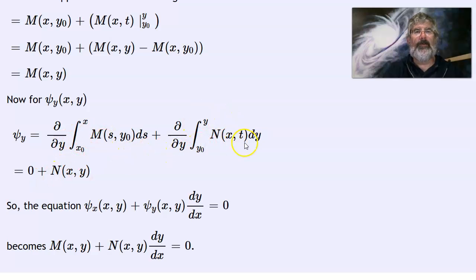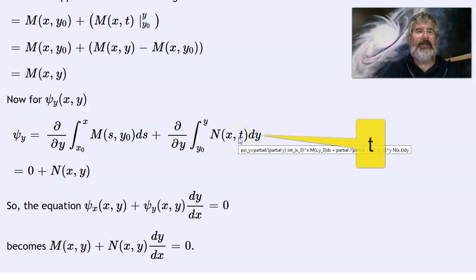Now over here, this is the fundamental theorem of calculus. The derivative of the integral, just plug that upper endpoint in for the dummy variable t, and I get N of x, y.